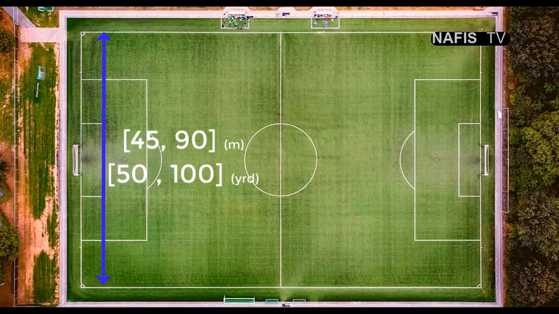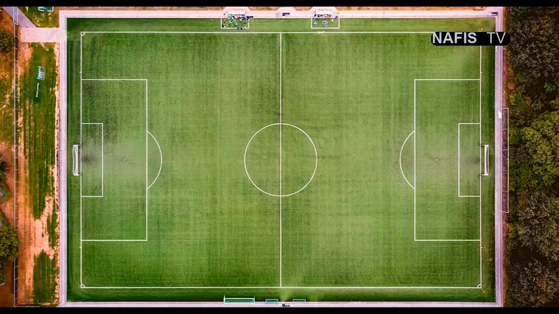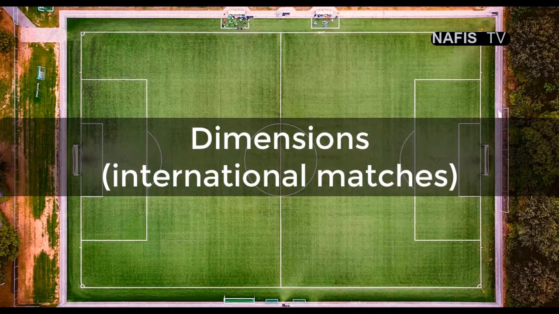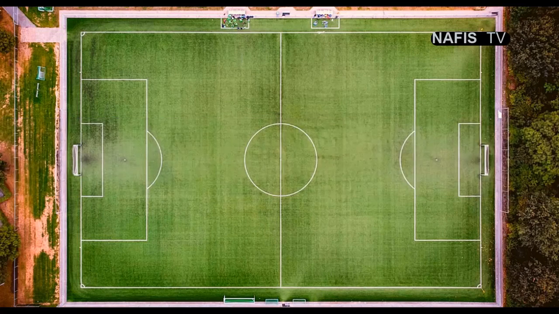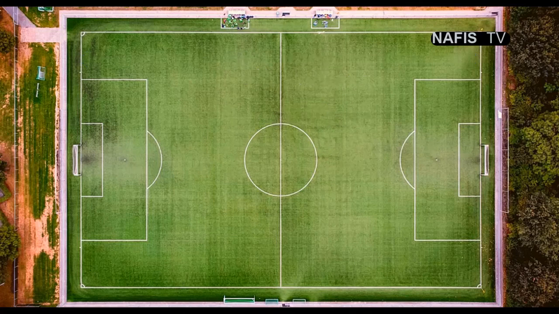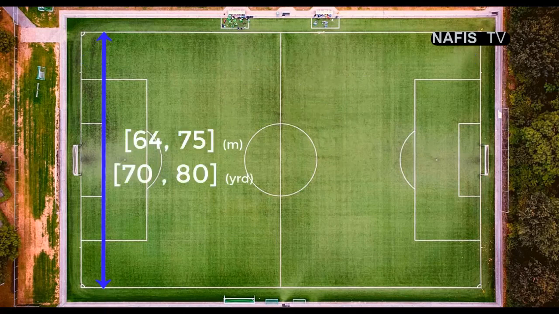The maximum width is 90 meters, whereas the minimum width is 45 meters. In international matches, there are special dimensions. The length must be between 100 and 110 meters. The width must be between 64 and 75 meters.